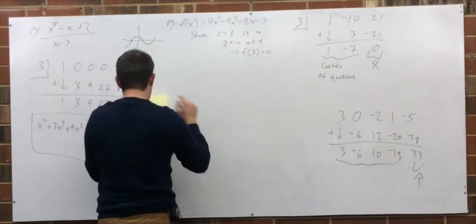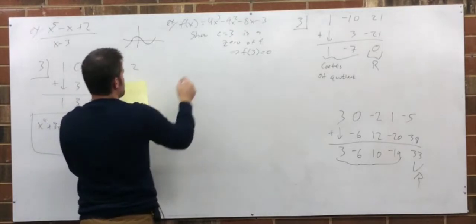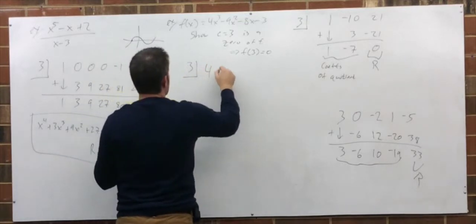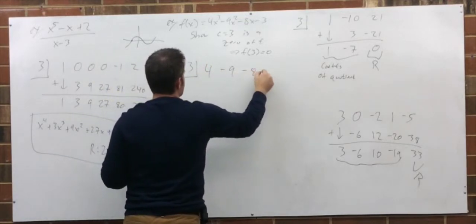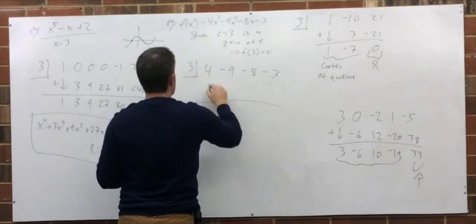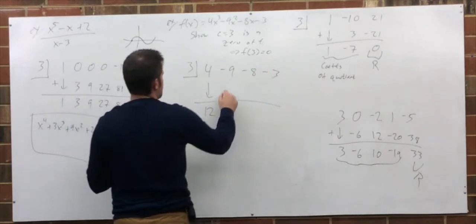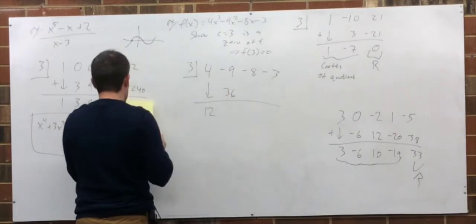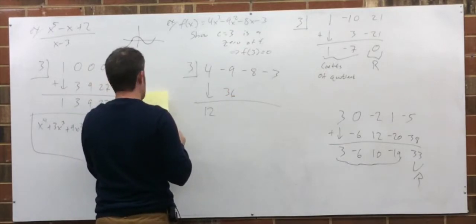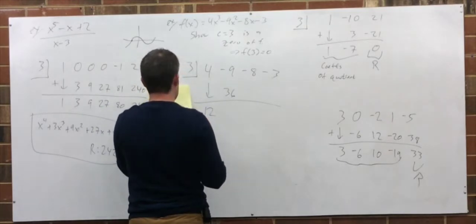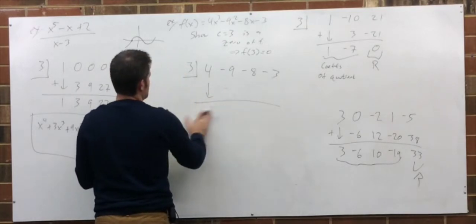Alright, so what we want to do here is use synthetic division. Your 3 is in the box. You've got a 4, a negative 9, a negative 8, and a negative 3. Drop the first term down and start the whole process. Nope, I'm sorry, that's wrong.